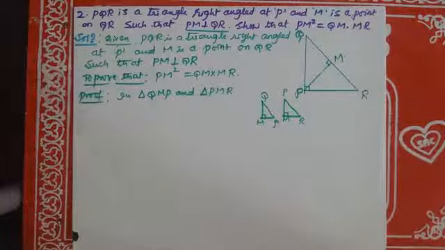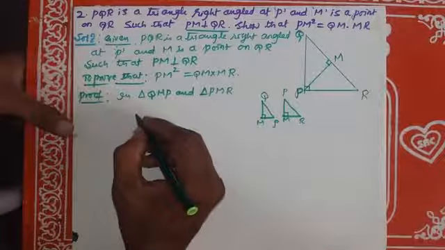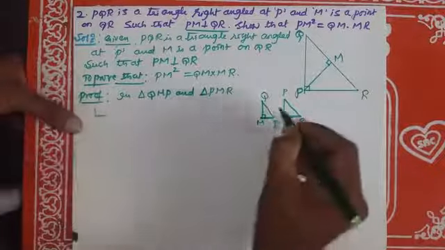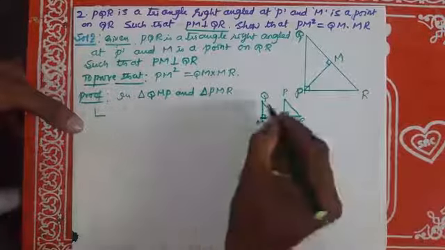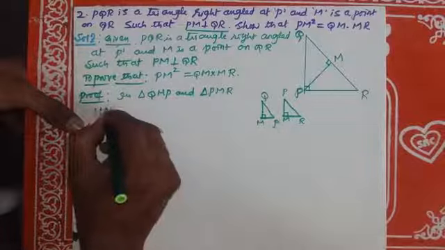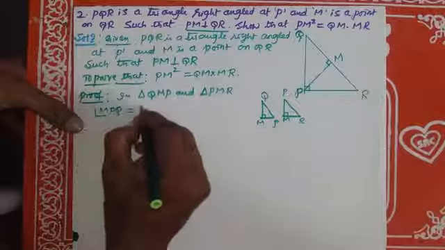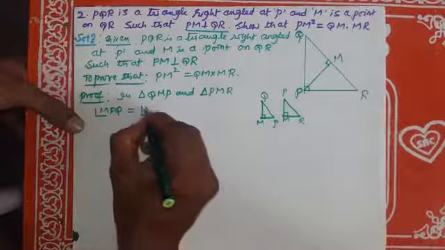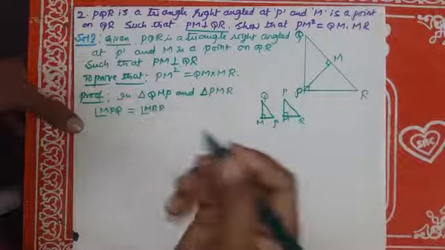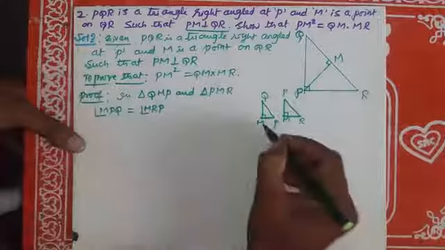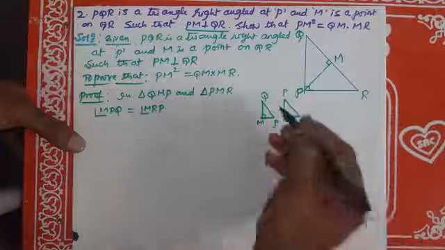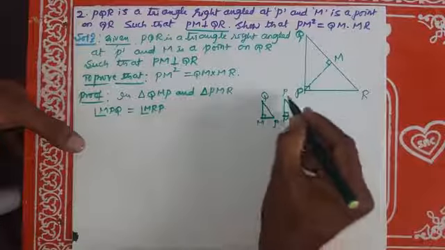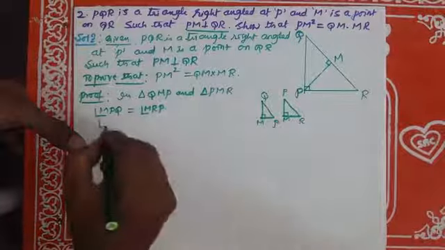Okay. Let us see now. Angle MPQ is equal to angle MRP. Angle PMQ is equal to angle RMP, or you can take angle QMP is equal to angle PMR.